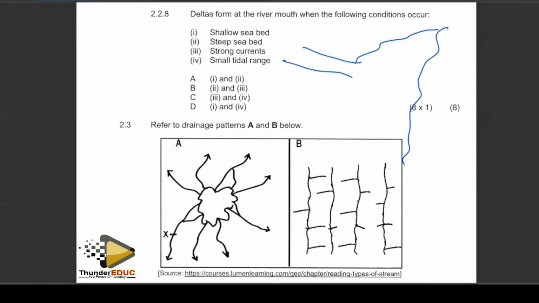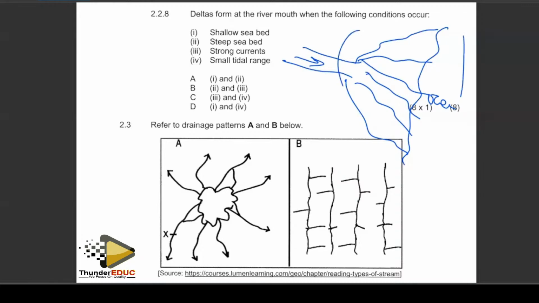The river now starts to branch into so many distributaries feeding into the ocean or the sea. This was one river flowing from there, but now it is branching into, this is what we call a delta in this instance. So what causes the formation of deltas as the river feeds into its mouth?